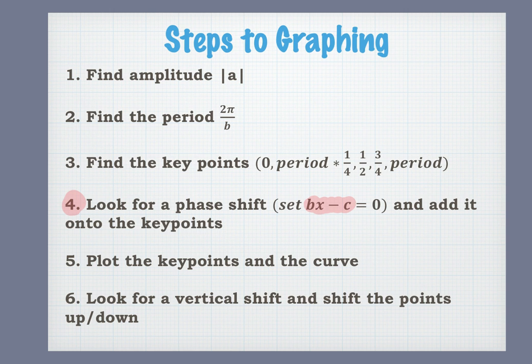So with a trig function, we find the phase shift, and then we take our key points and add or subtract the phase shift to shift them right or left. And then we do everything else we did yesterday: plot the key points, draw the curve, look for the vertical shift and the reflection, and then shift the points up or down or flip it upside down if there's a reflection.